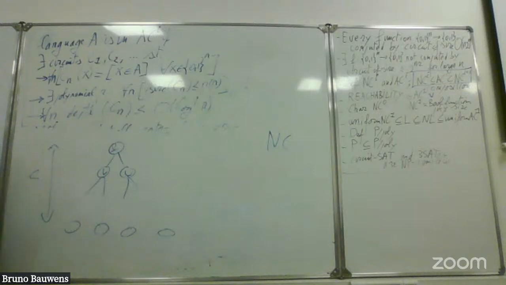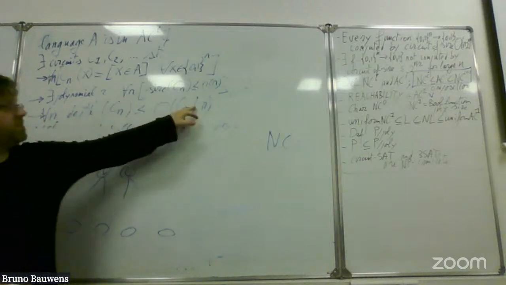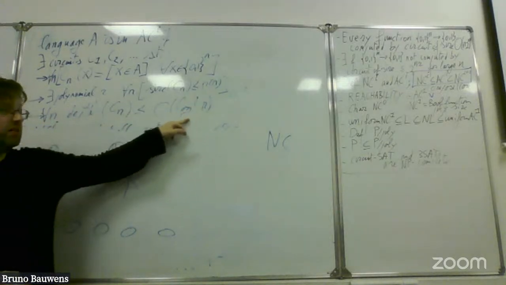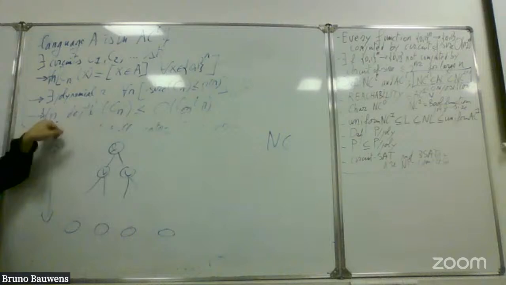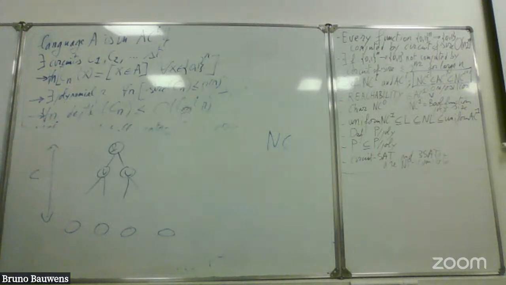So what do we know for NC0? We know that the depth is O(1), a constant that does not depend on n. It means that NC0 with the fixed constant C computes finitely many functions.